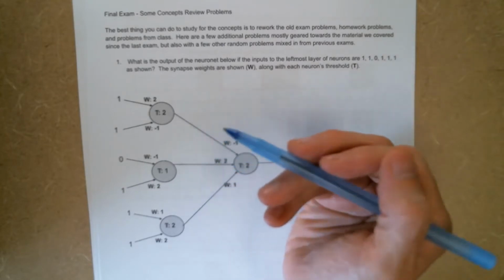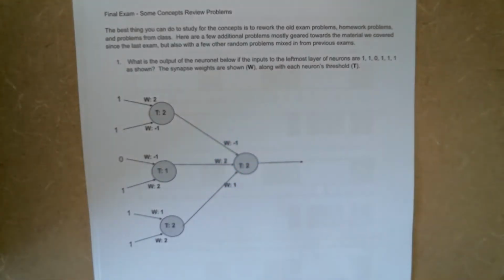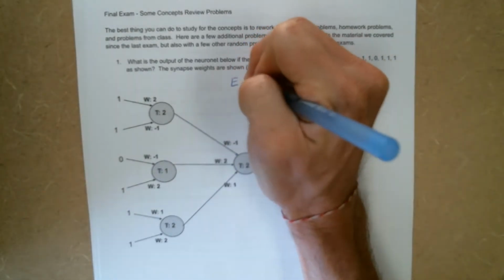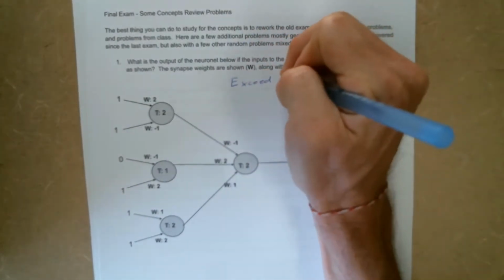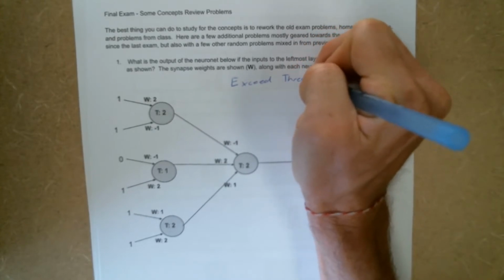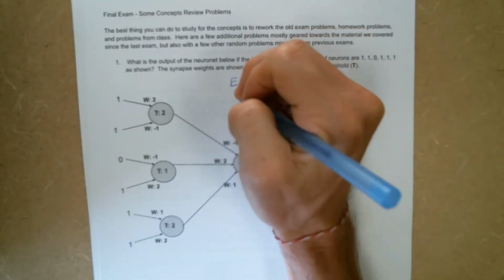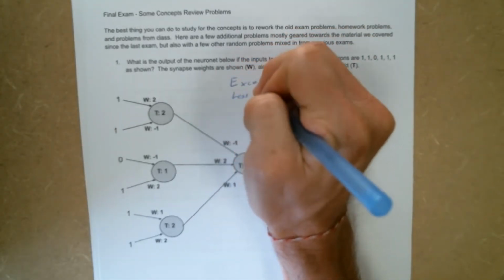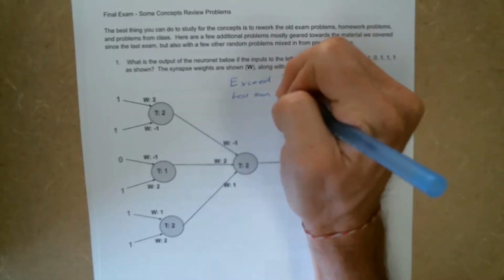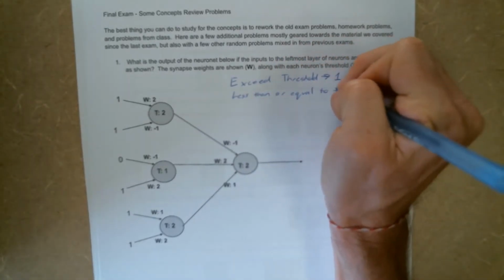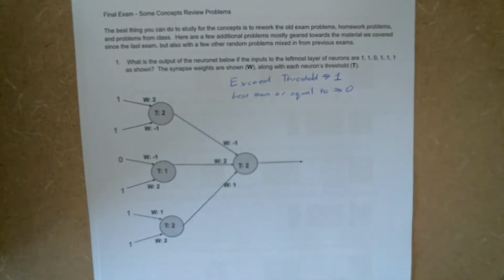If we don't exceed the threshold, we output a 0. So if we exceed the threshold, we get a 1. If we are less than or equal to, we get a 0.